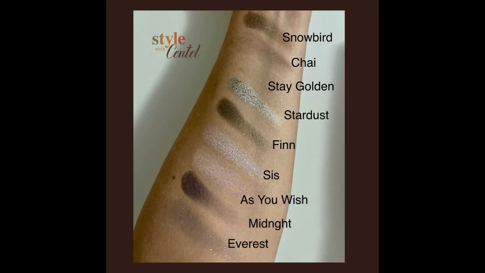But really, this is going to give you a lot of looks for daytime, neutral to night, to, you know, just putting Stay Golden or Chai on and go to the gym. I mean, you just want to even out your tone. So you got lots of variety when you have these colors, and I hope that was helpful.